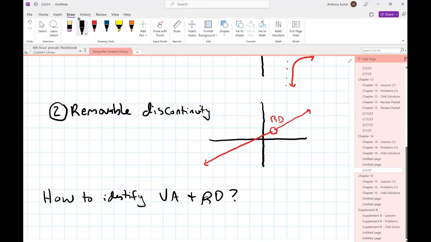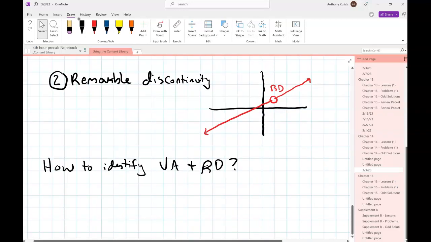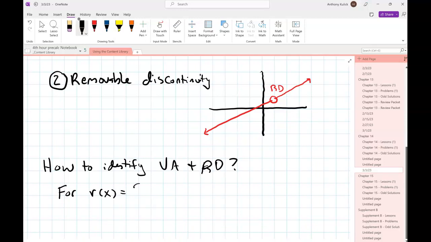I want to do this just by using the equation of the function, because what we're going to find here pretty quickly is generating a graph for these things by hand is not easy. All right, so let's talk about how to do this.